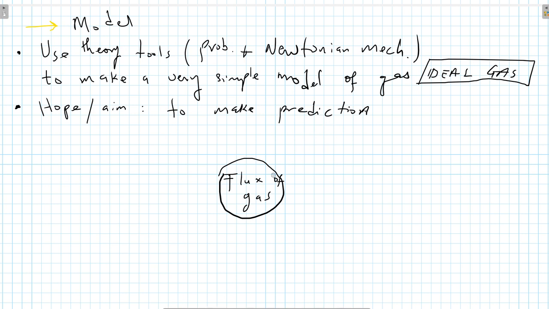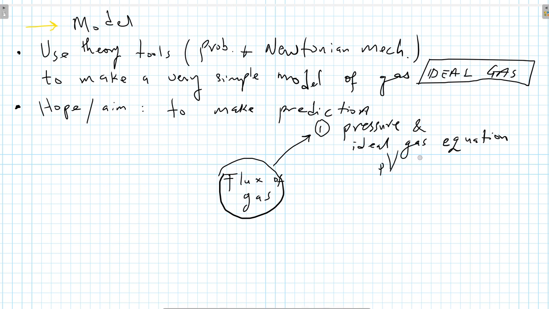From the flux expression we can compute things like, for example, the pressure of the ideal gas, and that would give us something called the ideal gas equation.